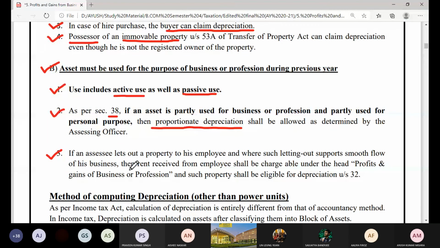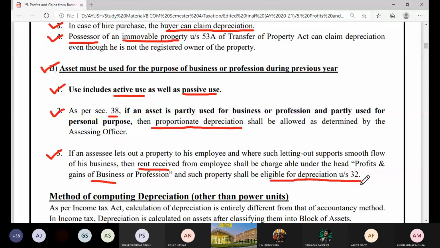In such a case, अगर आपने कोई property let out की है and to your employee so that your business moves smooth, then the rent you received from the employee shall be charged under this head, and the expenses or depreciation of the same building is eligible under section 32. Otherwise, depreciation is not allowed because income from house property doesn't talk about depreciation.